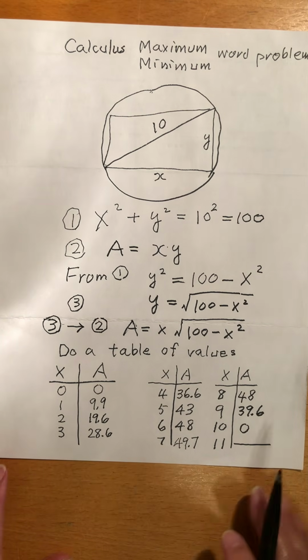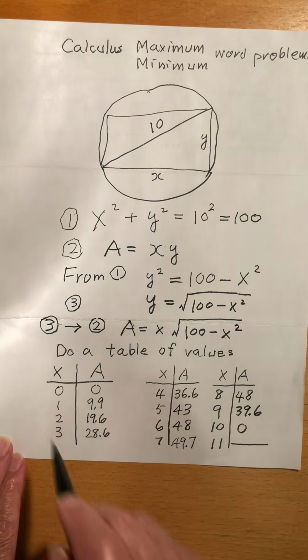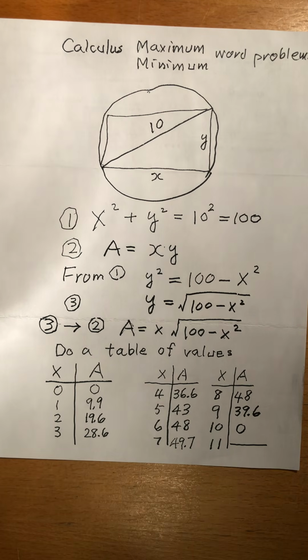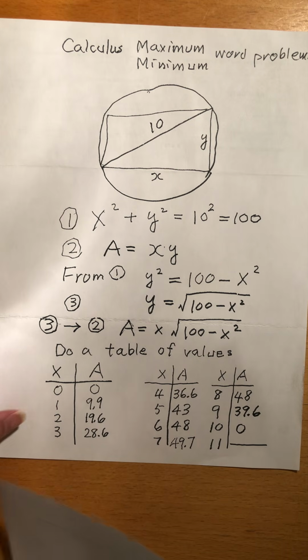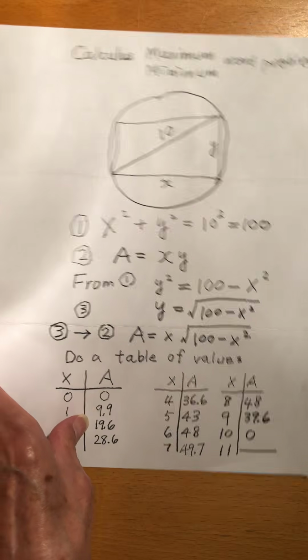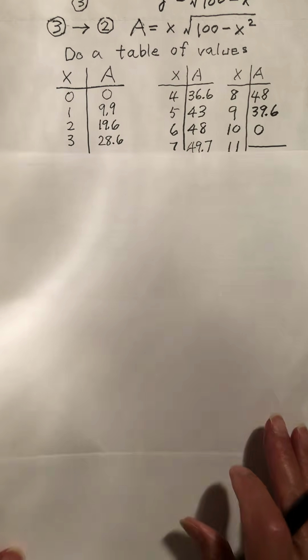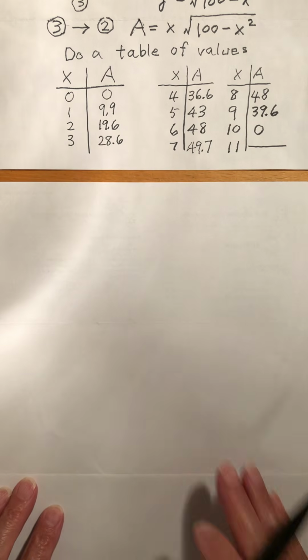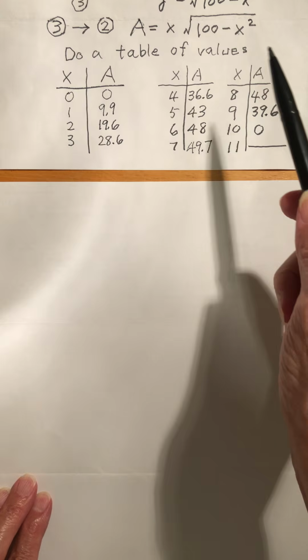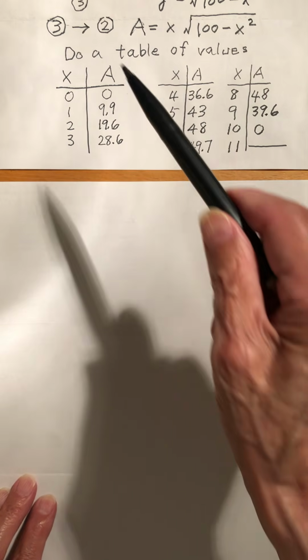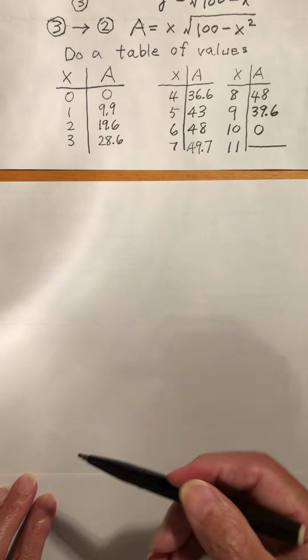So this is my table of values. Now from the table of values, you can draw a graph. And this is exactly what we are going to do. So I need another piece of paper. From the table of values, I draw x as the horizontal axis, and the area is my y-axis.